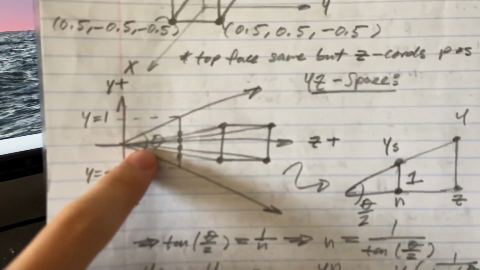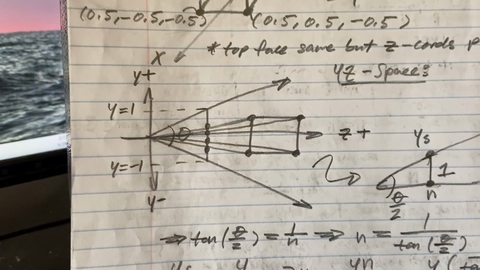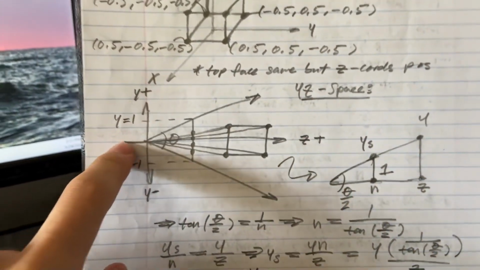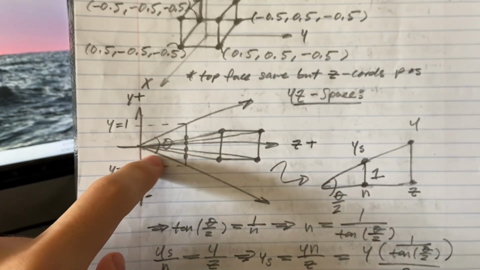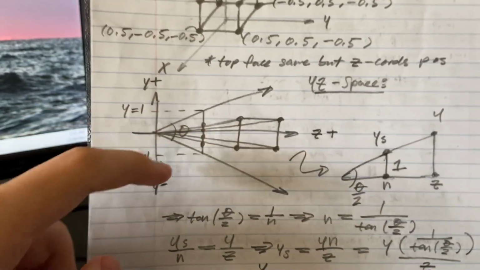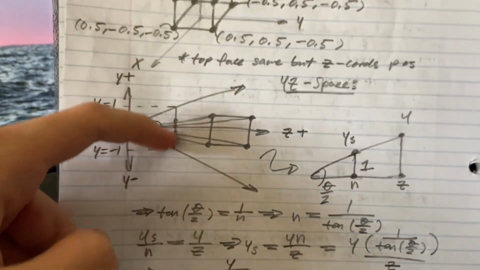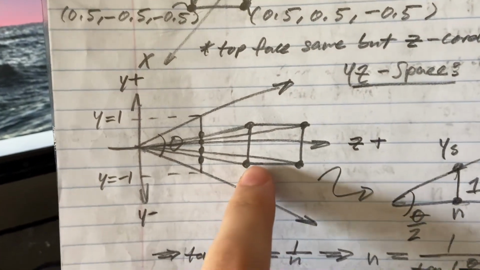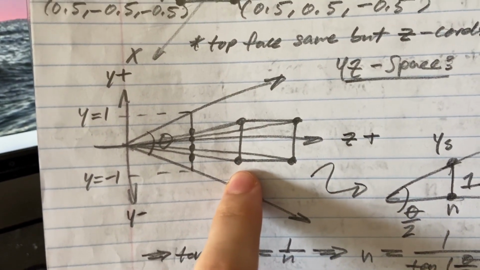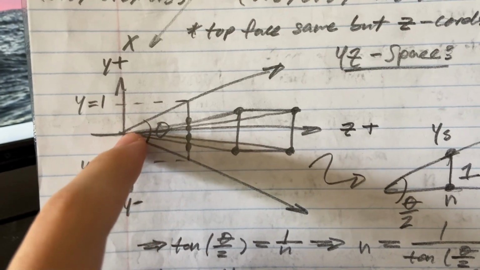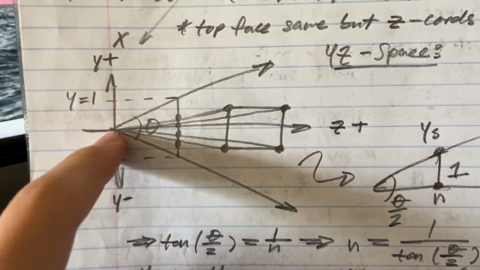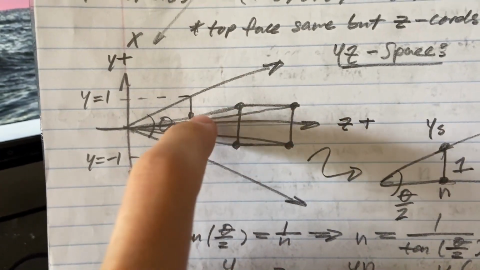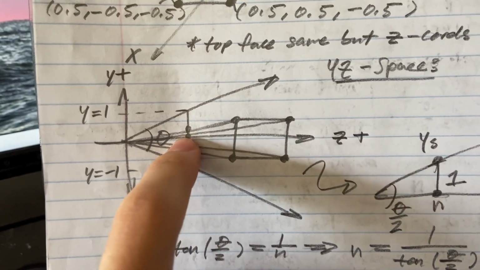And you can set up an FOV, which I used theta for, you can see, and draw some vectors out from theta over 2 in either direction, and that'll create this is where the screen would be versus this is where the cube actually lives. So you can create right triangles between the origin, each of the vertex points on the cube, and where those vertexes lie on the screen.